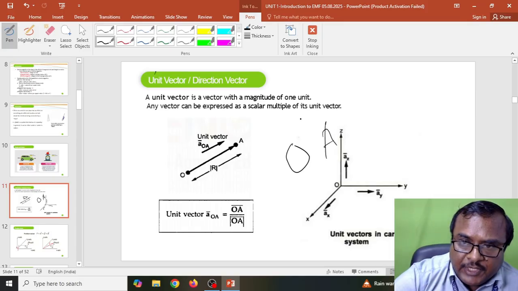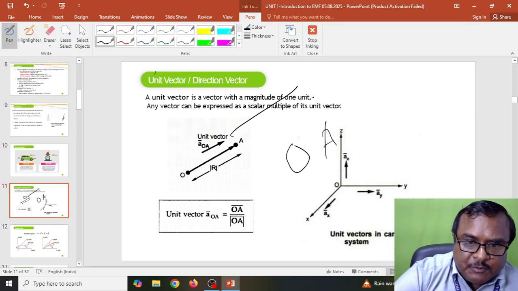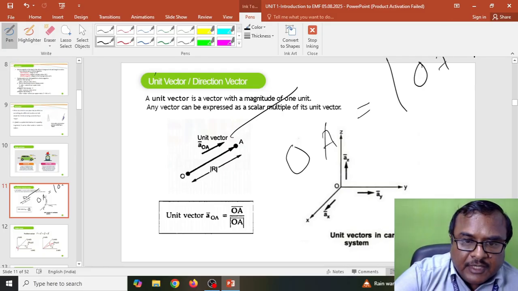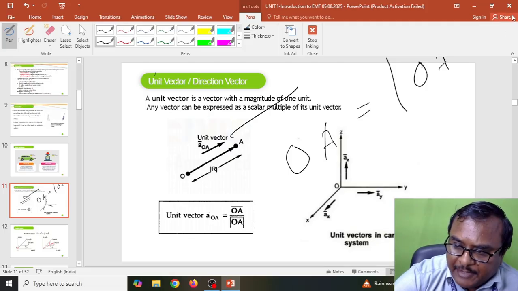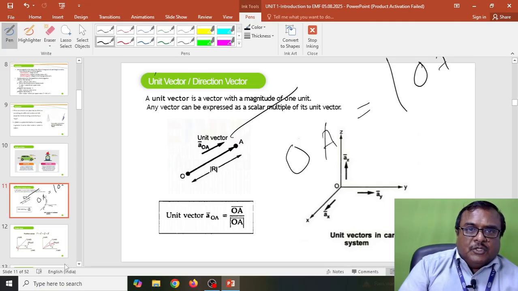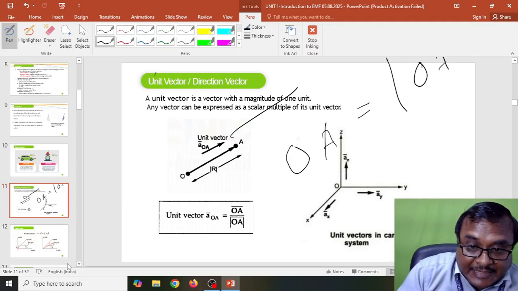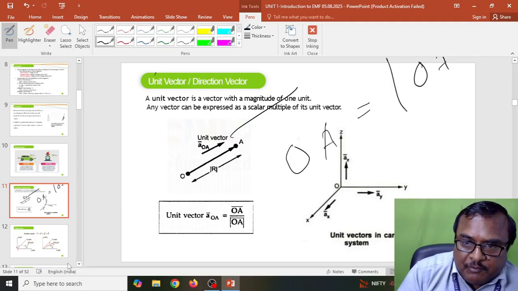Suppose OA is my vector, equal to its magnitude, that is the magnitude of OA, times the unit vector A cap. From that, the unit vector A cap equals the vector OA divided by its magnitude.